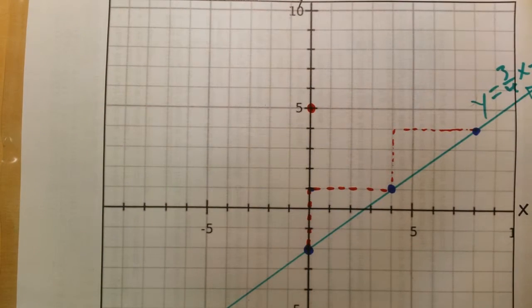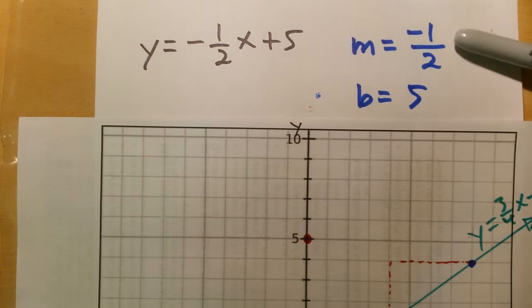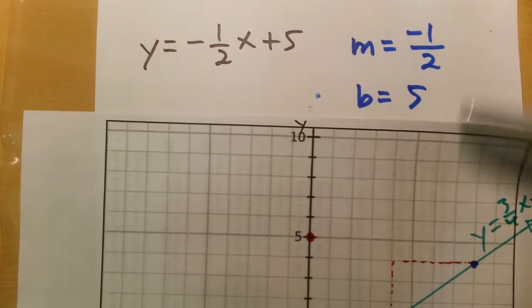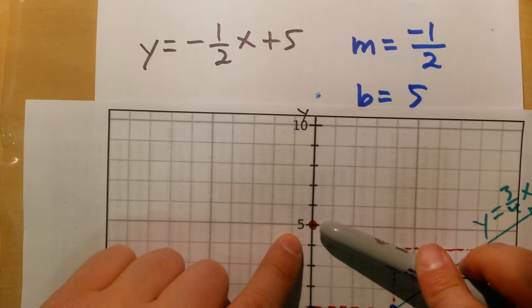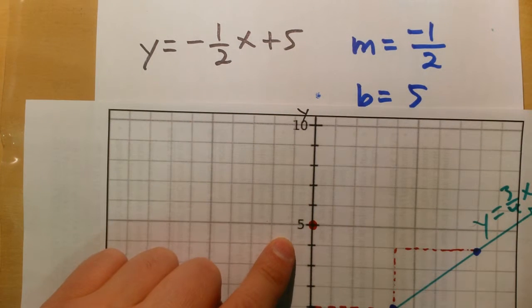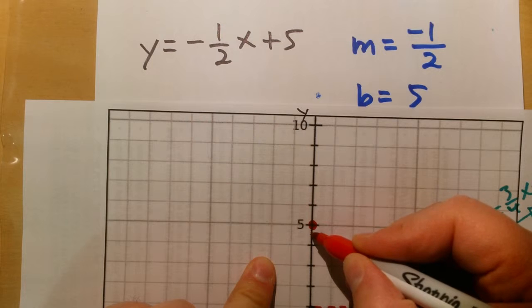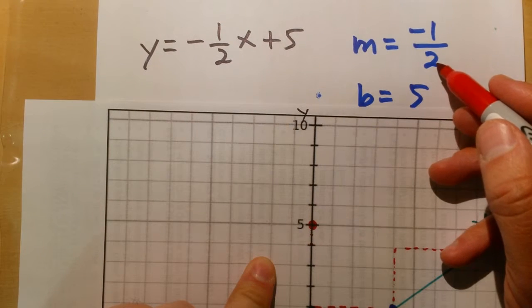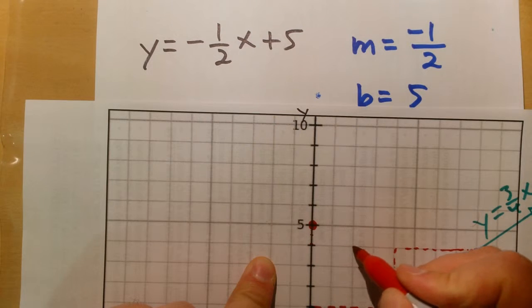Then the next thing is we need to apply our rise of -1 and our run of 2. So from this point on, since our rise is negative, we move down 1 unit. We count 1 going down, and then our run is 2, so we count 2 to the right because it's positive, so 1, 2.